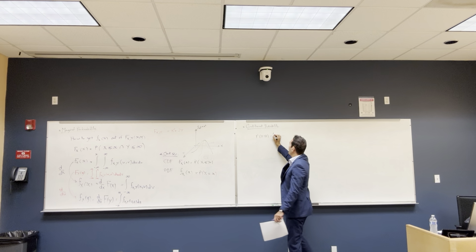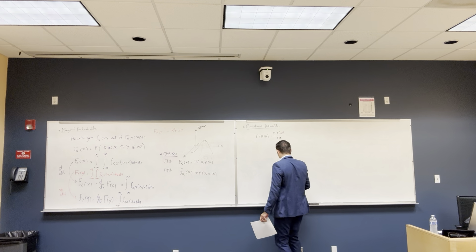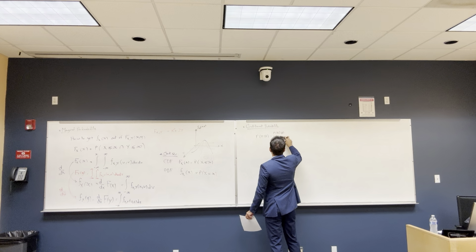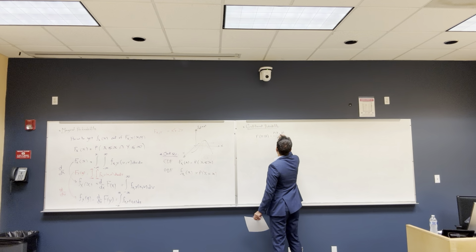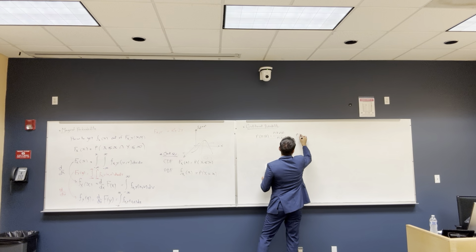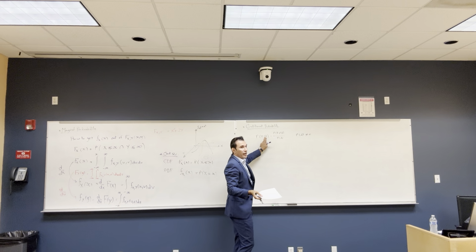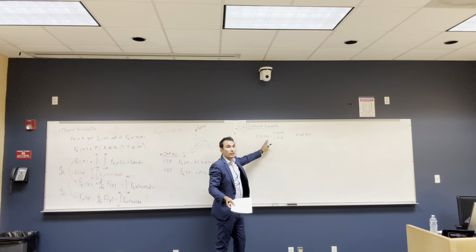Yeah, P of A intersection B over P of A. So definitely the probability of A doesn't equal 0, because if the probability of A equals 0, then A never happened. And we are looking for the probability of an event given that an event already happened.